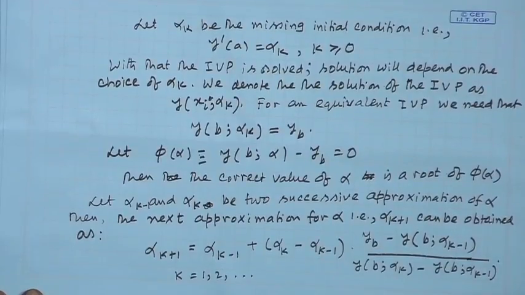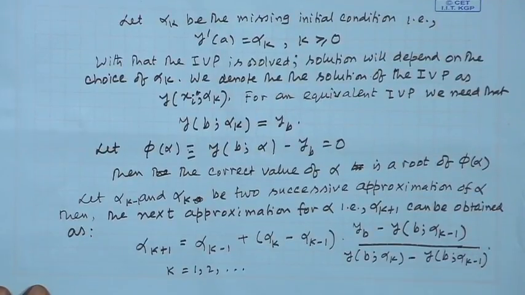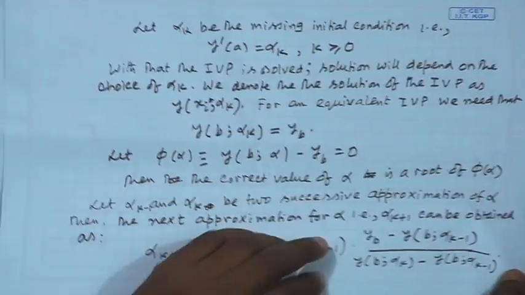Now, we get an idea, or a guideline, of how to get the missing initial condition, which should be the proper one in order to replace the boundary value problem BVP by an IVP. So, what we do is choose two successive approximations. If I start the iteration, say k equal to 1, we get 0 and 1, so alpha 0, alpha 1.